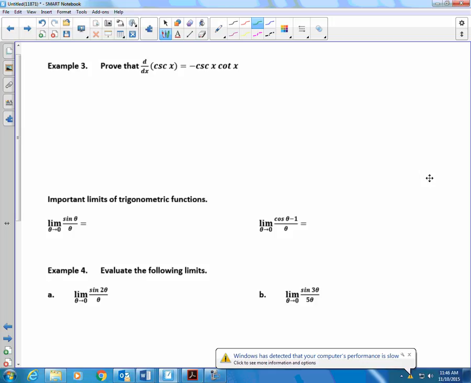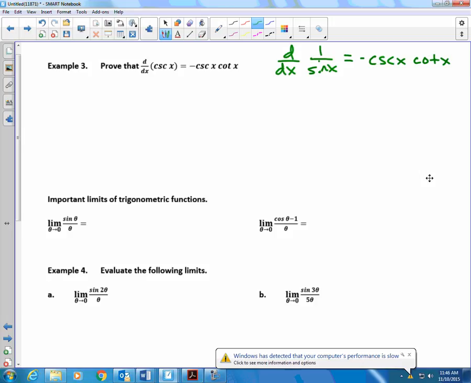And we're going to use the quotient rule, because I'm going to rewrite this. We're going to find that the derivative of 1 over sine of x is equal to negative cosecant of x cotangent of x. So in order to do this proof, I'm going to use the fact that the derivative of sine is cosine, and the quotient rule. So let's use the quotient rule to take the derivative of 1 over sine.